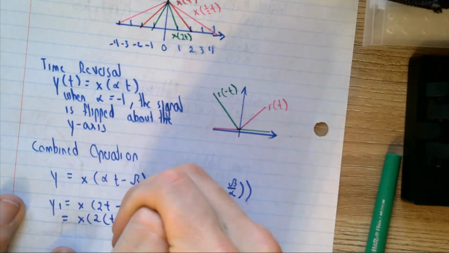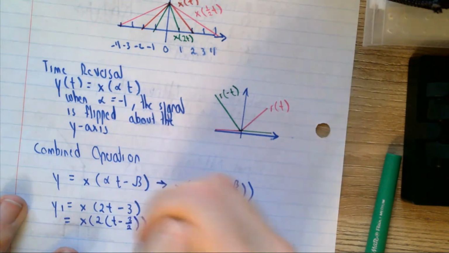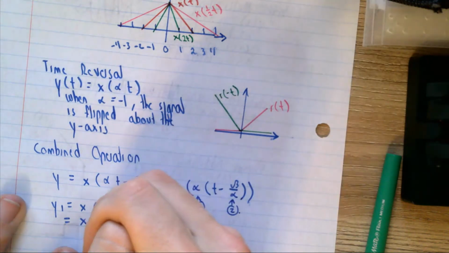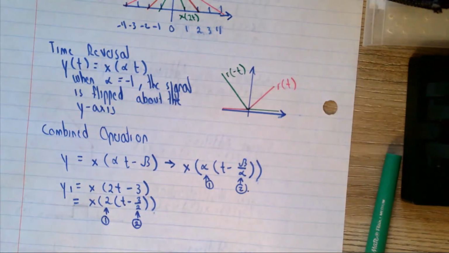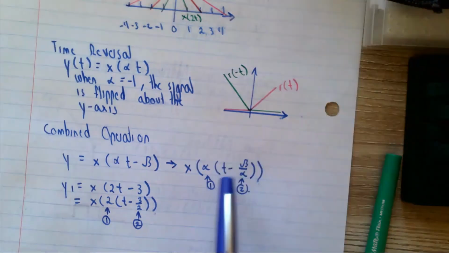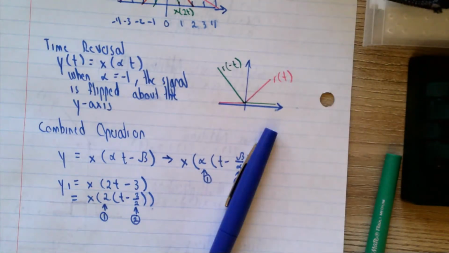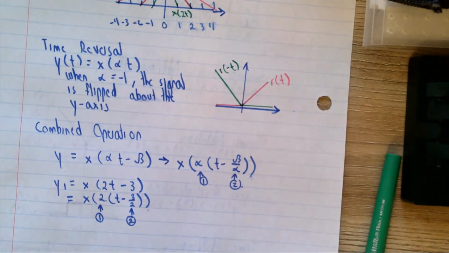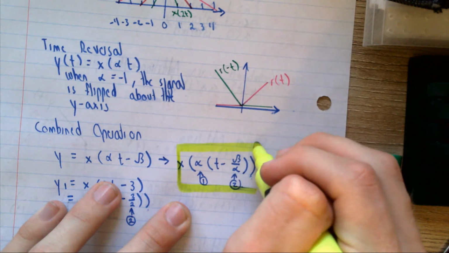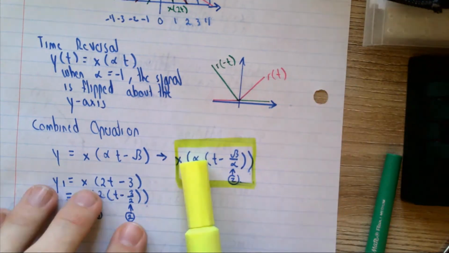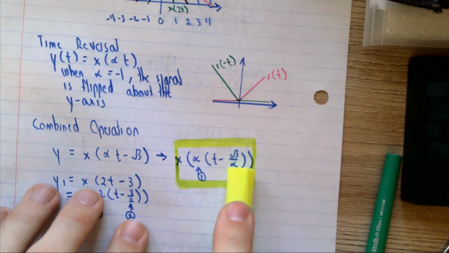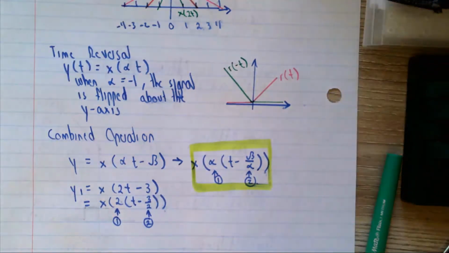And so we first do this multiplication here, then we shift it over. Okay, now that we have done that, this is an important one. I always like using this format because it makes it easier. So just remember, take out that multiplication term so you can turn it into this format, so you can do multiplication, then you shift it. And so that is what you need to know for combined operations.